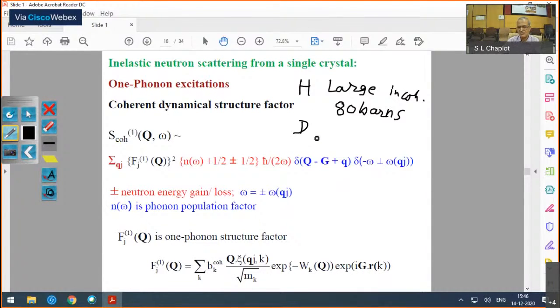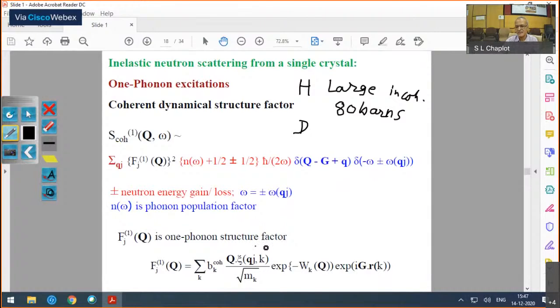The chemistry does not change very significantly, although the mass of the nucleus changes and the frequencies will change to that extent because mass is important. But the measurements are most often done in deuterated samples, particularly for the one phonon structure factor.